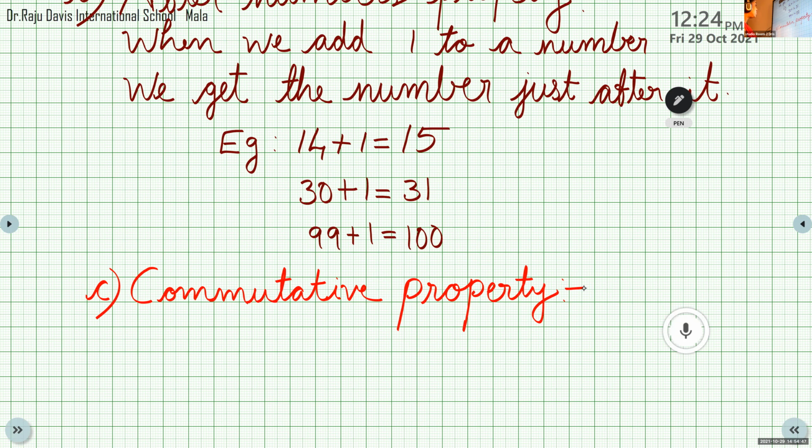So, okay, what did we say about this commutative property? We can change the order of the numbers and the sum will be the same answer, right? We can change the order of the numbers.